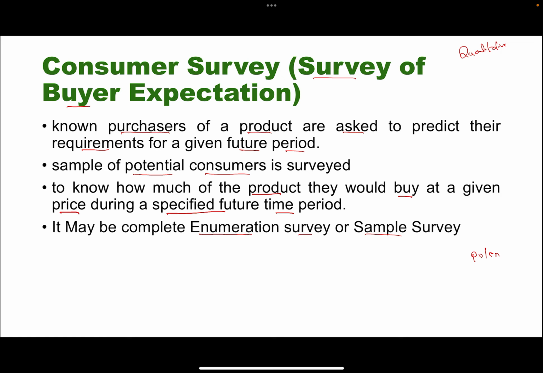Based on this, we can do the demand forecasting. So this is the first method. This is called the consumer survey because it is based upon the consumers. We are selecting consumers and asking them about their prediction, and based upon that we will arrive at a conclusion.